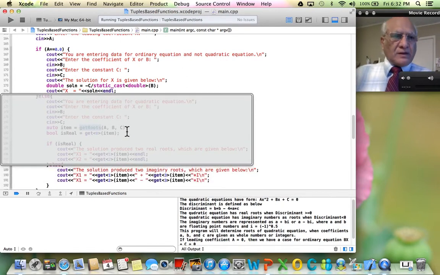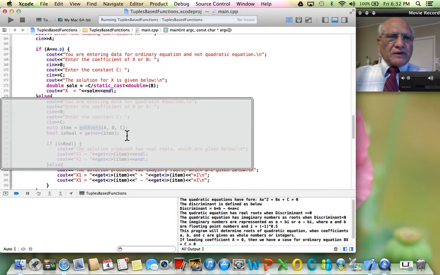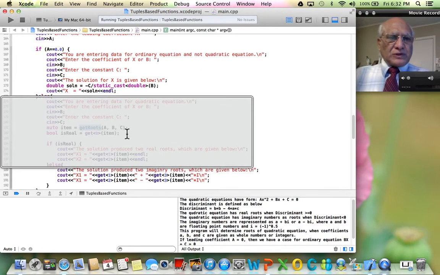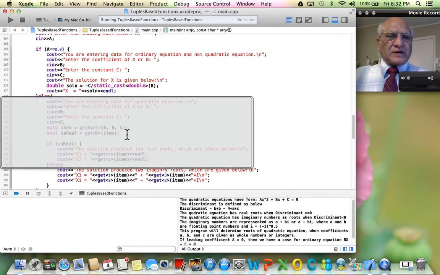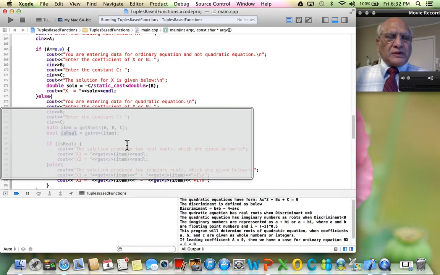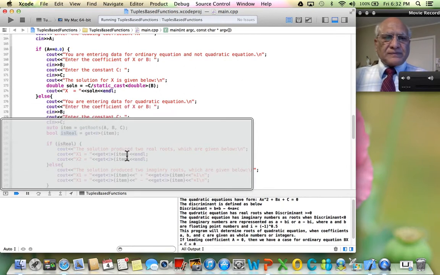Okay. Then what I do is, if you remember, the first item was true or false, the Boolean. So the get function is used here, and the zeroth member is gotten from the tuple called item, and that could be true or false. If it is true, then I have one or two real solutions.